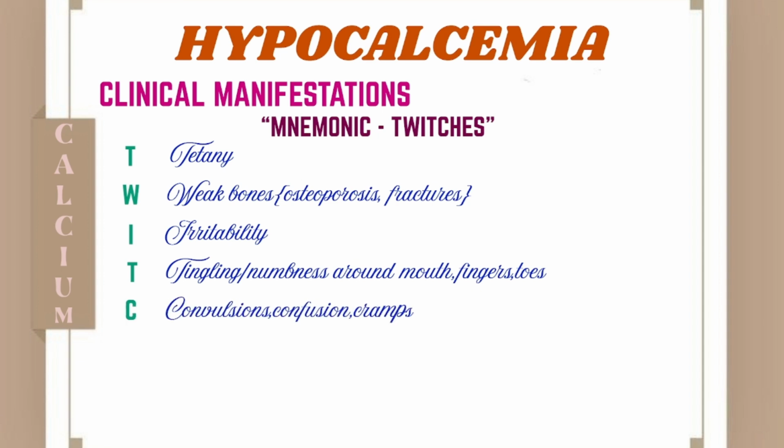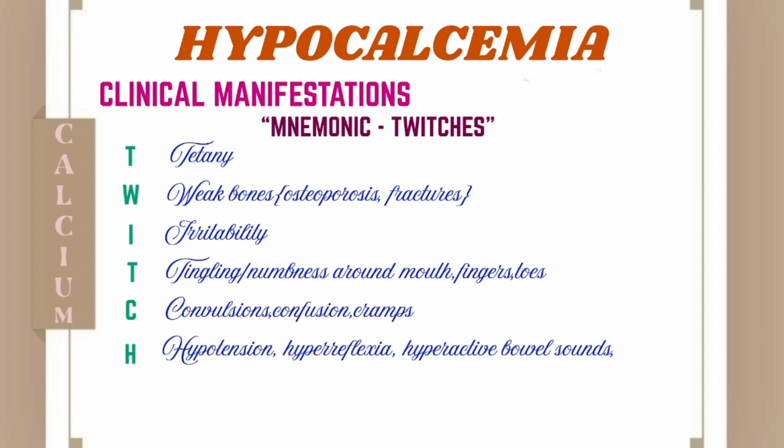C. Convulsions, confusion, cramps. These will occur because of the increased neuromuscular excitability, muscle contractions, which will cause muscle cramps, convulsions, and confusion. H stands for hypotension, hyperreflexia, and hyperactive bowel sounds.